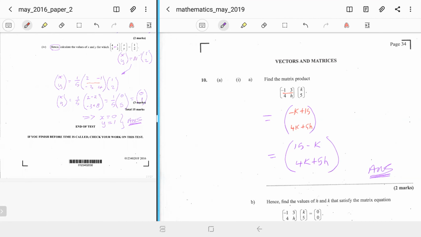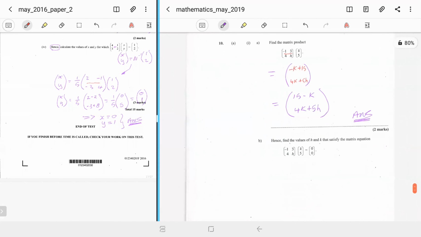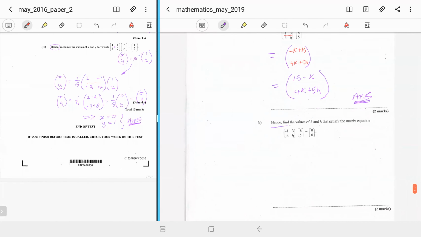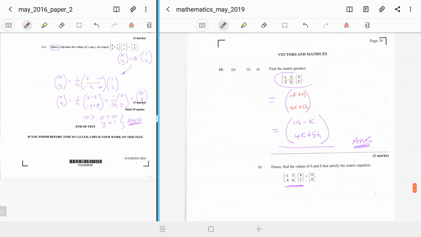All right, next part now. The next part says, hence, find the value of h and k which satisfy this equation. So basically what this is saying is that this part, which we just worked out to be this, is the same as this, and they're telling us now that it is equal to 0, 0. What does that mean?